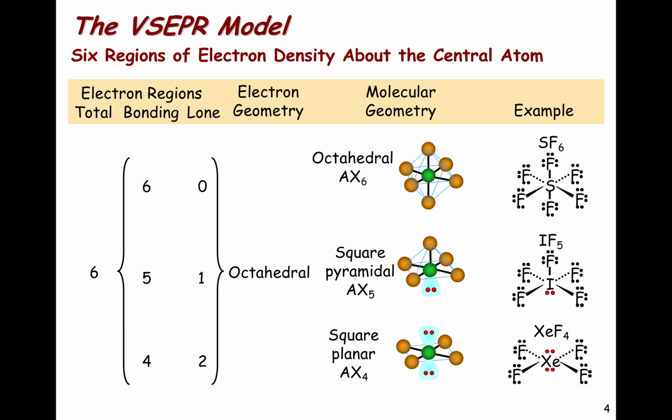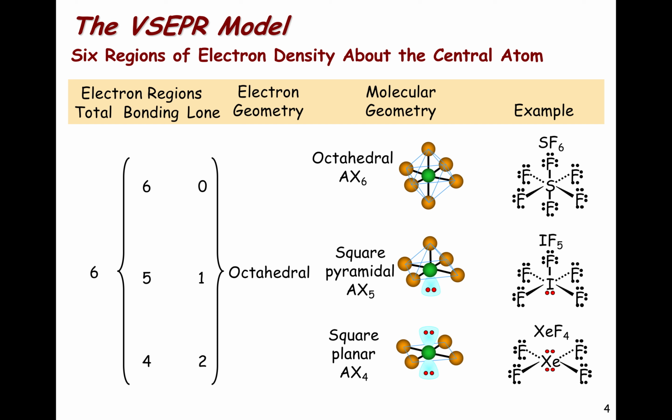As the final possibility, if we have 6 electron regions, the electron regions will go to the corners of an octahedron where all the angles are 90 degrees. If all of them are bonding, as in SF6, the molecular shape is described as octahedral. If we have 5 bonding regions and 1 lone pair, IF5 is a good example, and we say that we have a square pyramidal molecular shape.